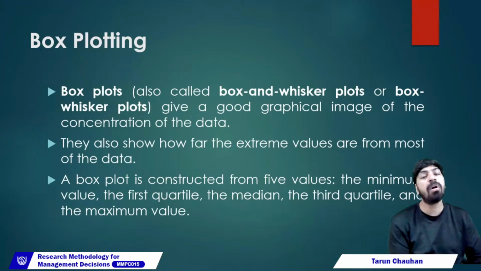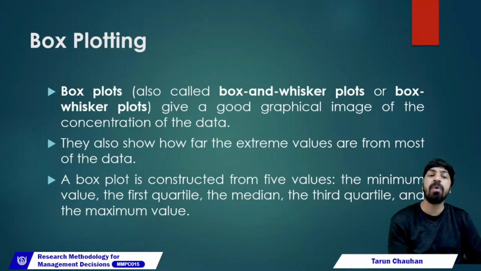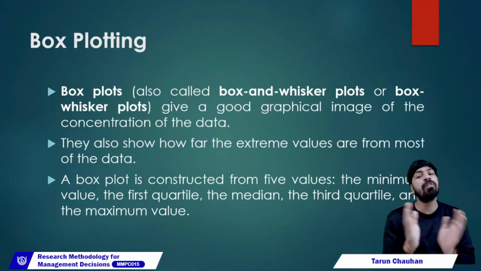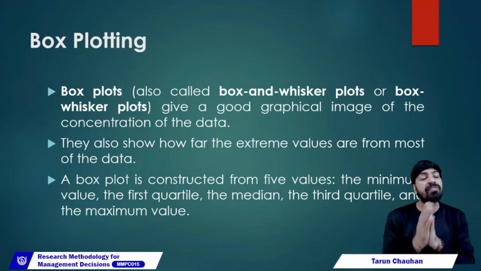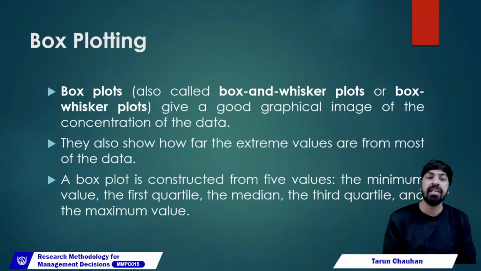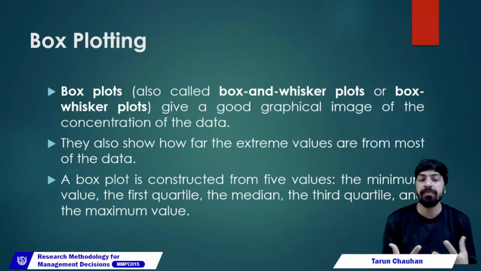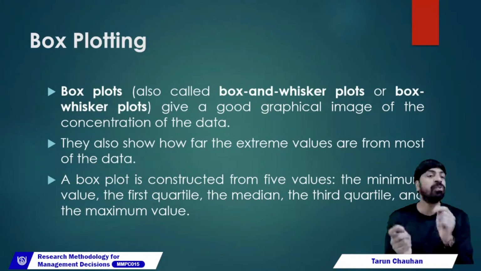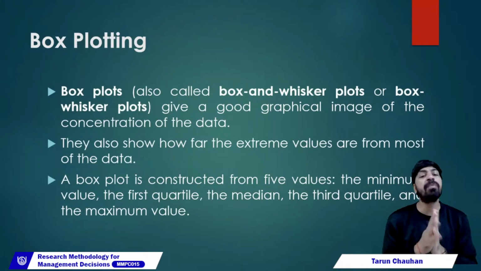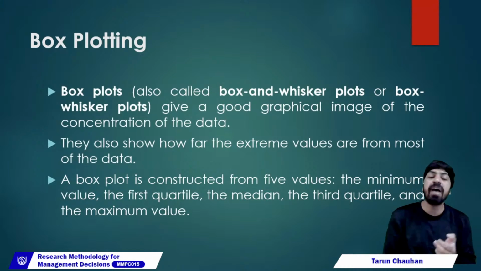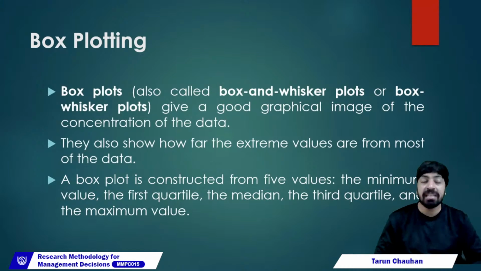A box plot is also called a box and whisker plot. It gives a good graphical representation of the concentration of a data set. It always shows the extreme values away from most of the data, and that can be shown through the box plot. The box plot is constructed from 5 values: the minimum value, first quartile, median, third quartile, and the maximum value.